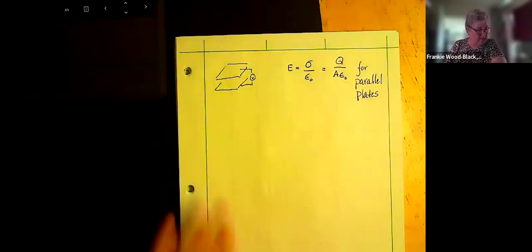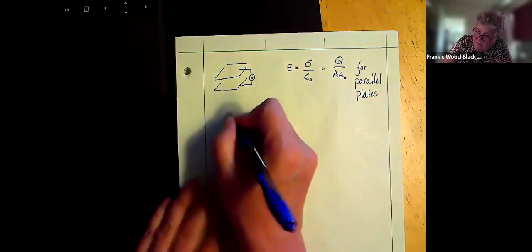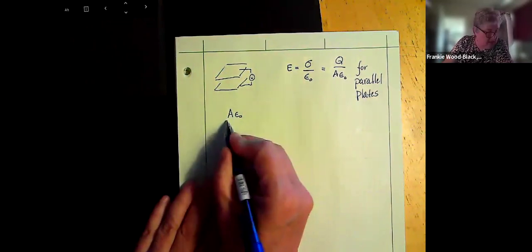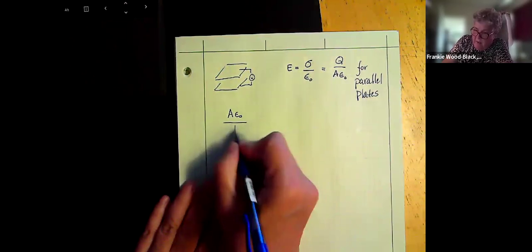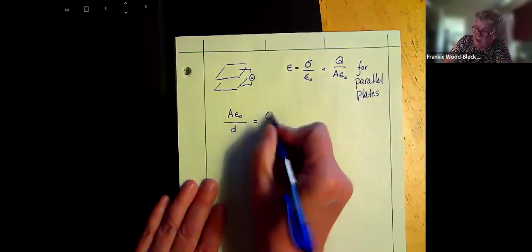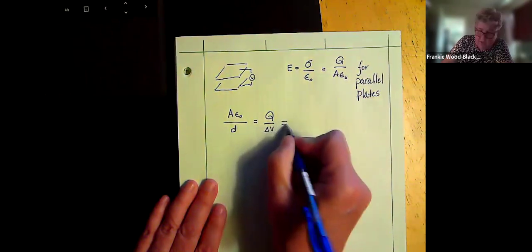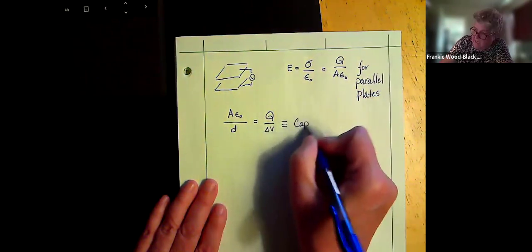And we can actually make a device that has specific capacitance that we want. By rearranging, we get our permittivity of free space, our area divided by the distance, which is going to give me my charge over my change in potential, which is defined as my capacitance.